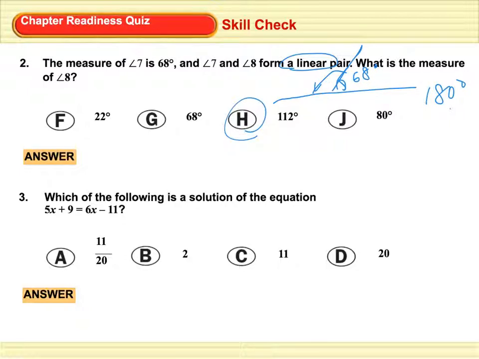Number 3, which of the following is the solution of the equation 5x plus 9 equals 6x minus 11? So this is a quick algebra review. And there are 2 ways to explain this. If you hang around with me for a while, you're going to get used to the fact that Ms. Birch liked to try different ways of solving problems.